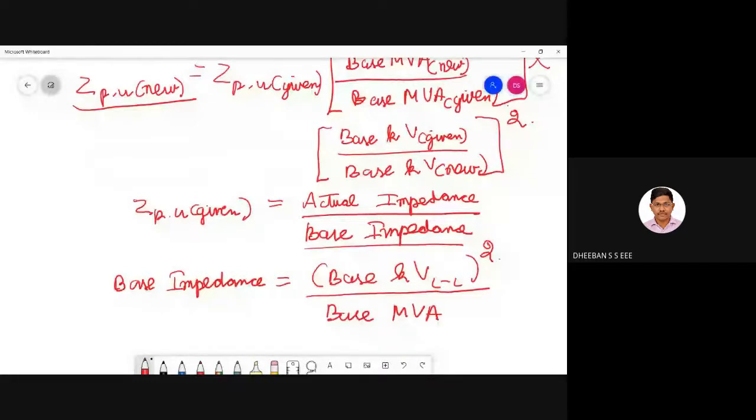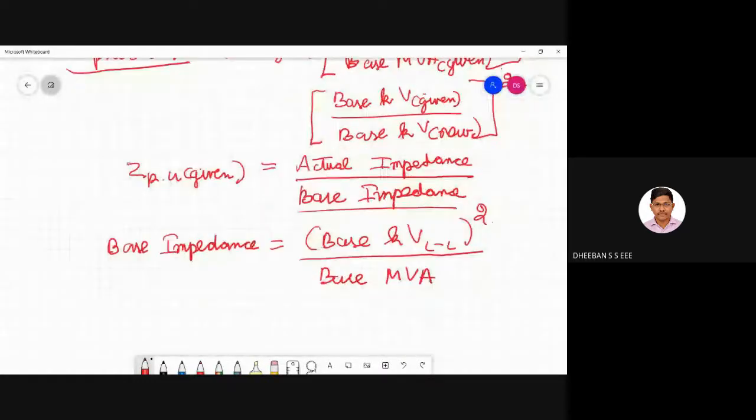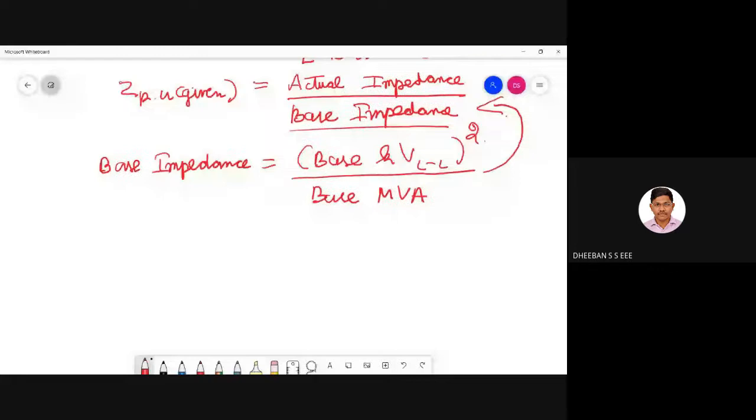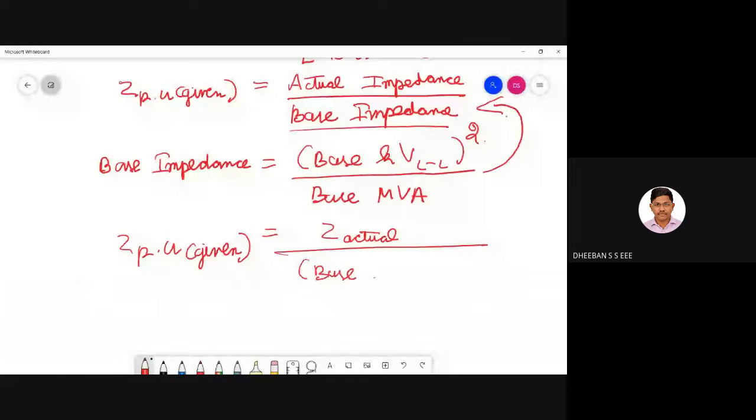So from this you have to substitute this equation over here, and you will be getting Z per unit given will be equal to Z actual divided by base kV given, the whole square, divided by, this is a kV LL, so this will be given, divided by your base MVA.